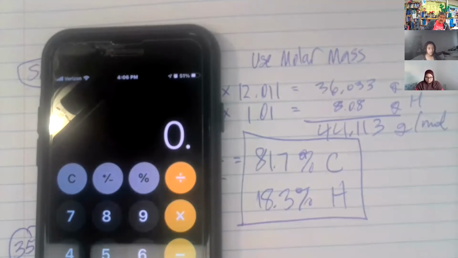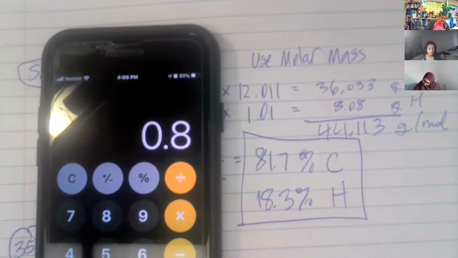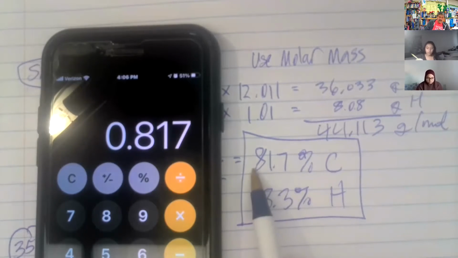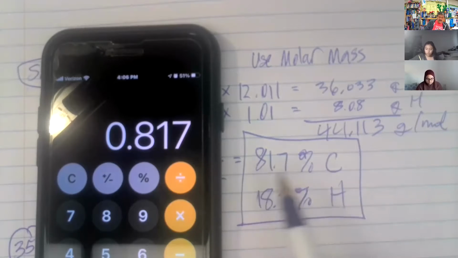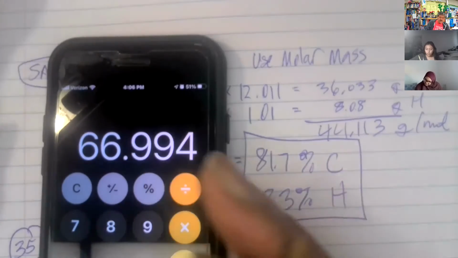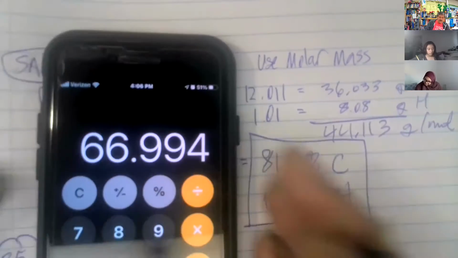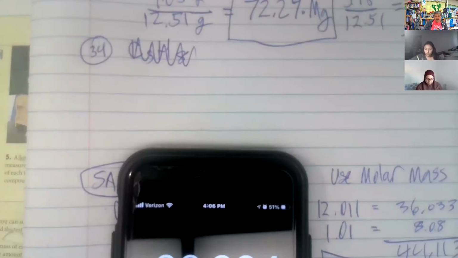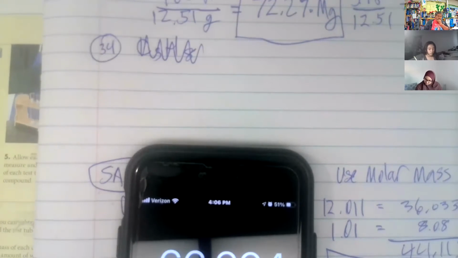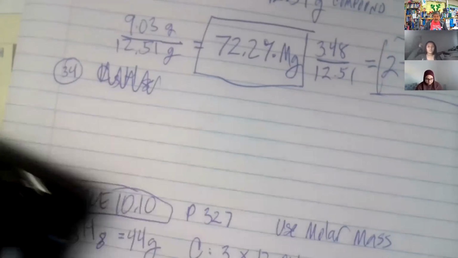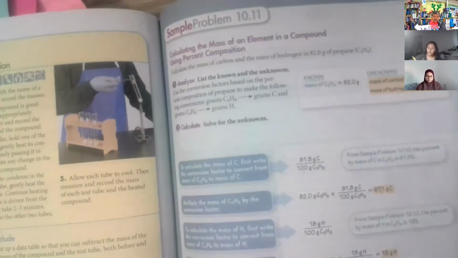So times 0.817, because I'm going to move this over 2 to the left in order to convert it back to a decimal, equals, and my answer for this one is 69.994. Looks like we have 3 sig figs, so my answer for this one is 67.0.